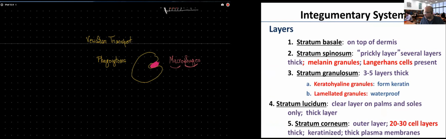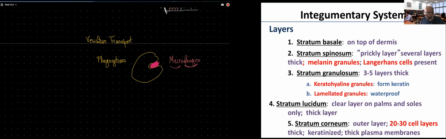Keratohyaline granules are responsible for forming the keratin that will be embedded in the plasma membranes of the dead cells in the next layer. And the lamellated granules will form a waterproof barrier against the passage of fluids to the inside of the skin.